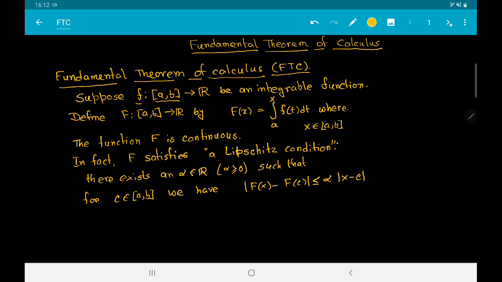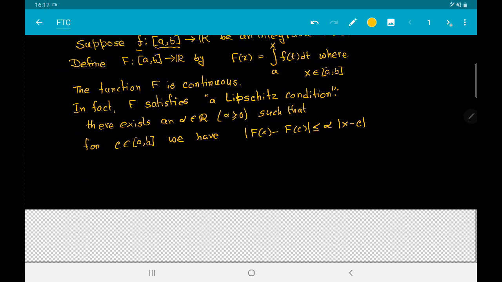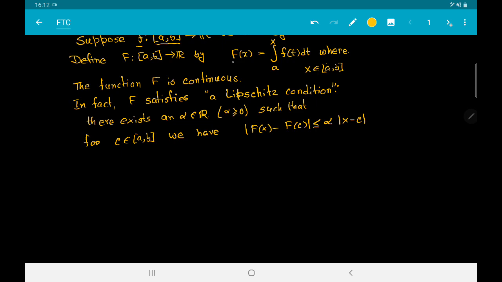You may easily see that even if I give you this Lipschitz condition, it will mean that the function big F is continuous.